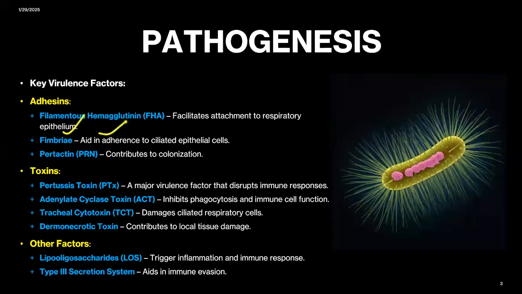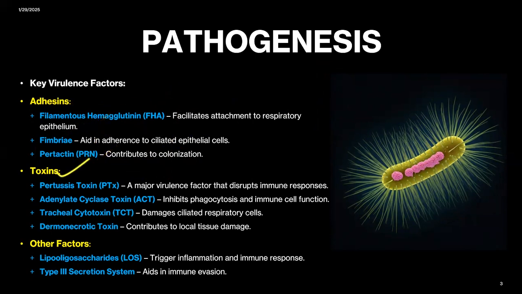Fimbriae aid in adhesion to the ciliated epithelial cells, as in our trachea. In the trachea, you will see the presence of cilia. Pertactin, PRN, contributes to colonization. So these are the three most important adhesins: filamentous hemagglutinin, fimbriae, and pertactin.